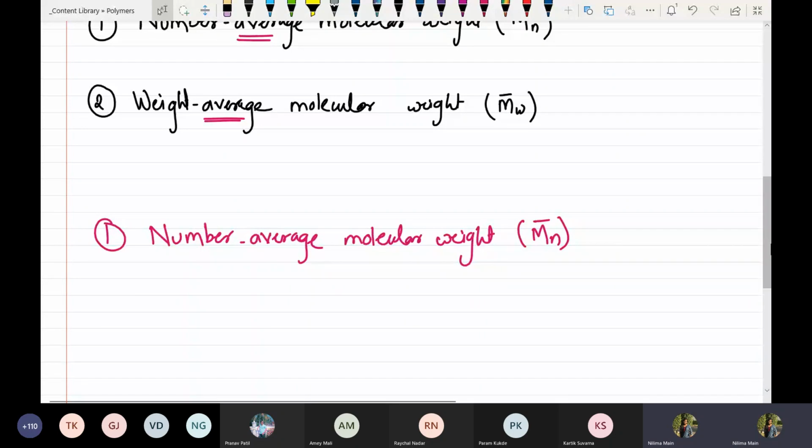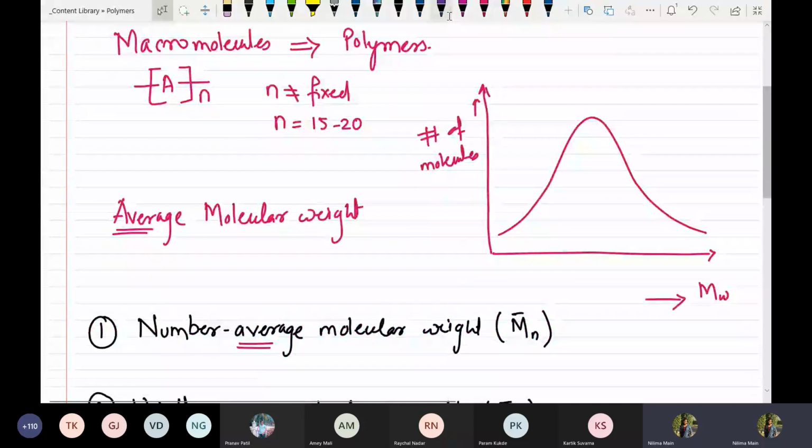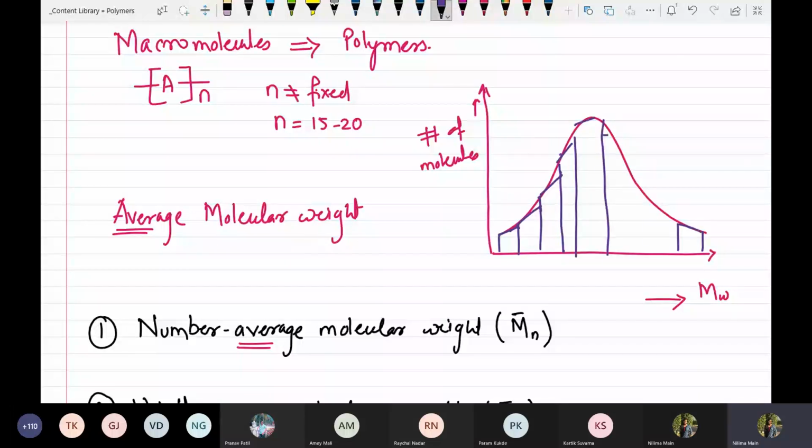Okay, this distribution curve. तो इसको उन्होंने क्या किया है, like how did they derive that formula. Basically this entire region covered by the curve represents the molecular weight. तो इसको पहले तो बहुत सारे, let's say, different different bars in different different areas, you have to divide. So let's say I'm dividing it into certain bars. Okay, and these are 1 2 3 4 5 6 7 8 9.